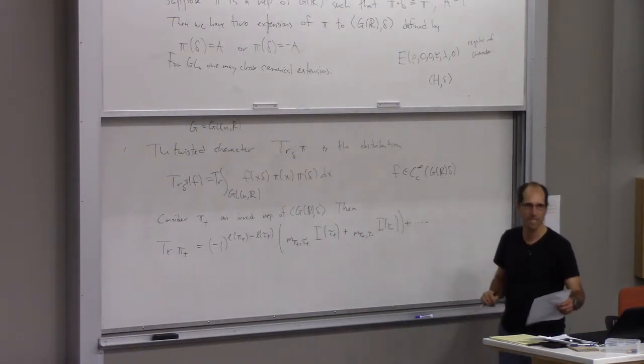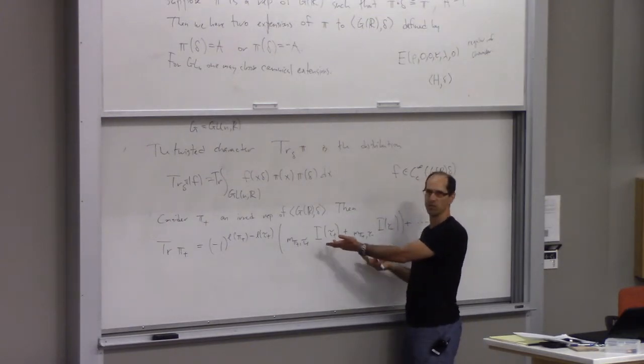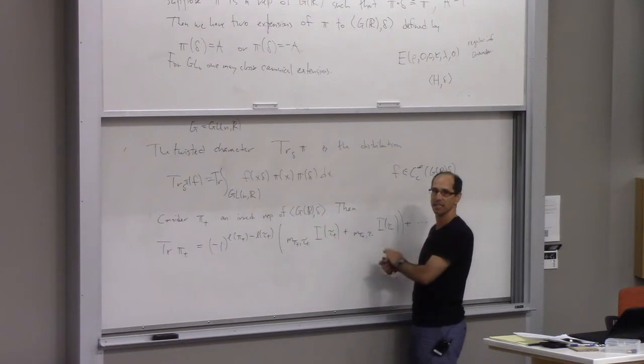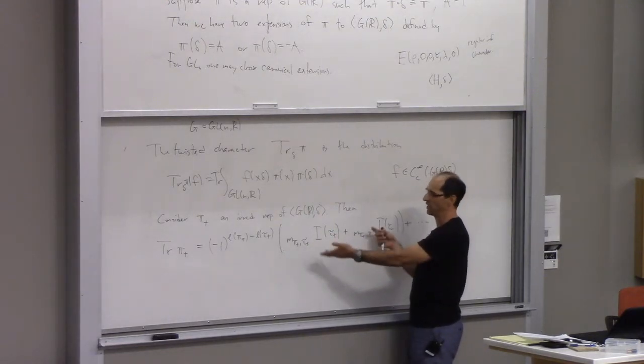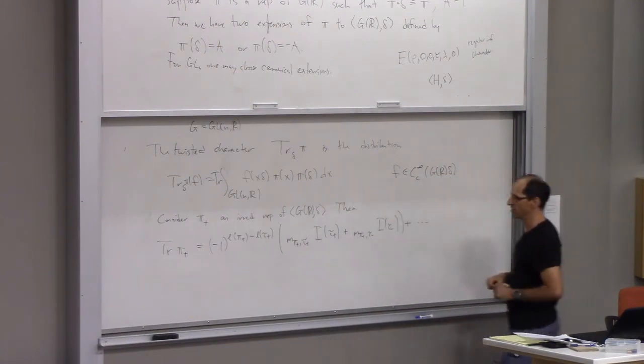Okay? So assume that tau is also stable and delta irreducible. You think of a standard representation, reduced representation, that's why I wrote the I. They occur with some kind of multiplicity, because it's a character formula, but this is a composition.